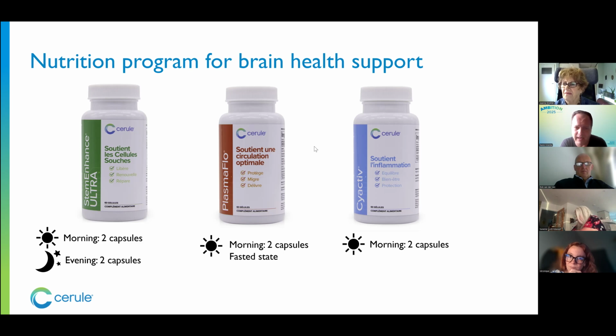The autism didn't disappear, of course, and many of the characteristics were still there. But it was very noticeable that aggressivity decreased substantially after some time of taking the Stem Enhance Ultra.